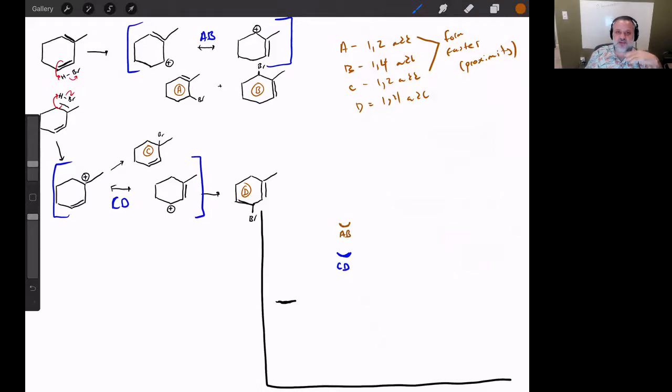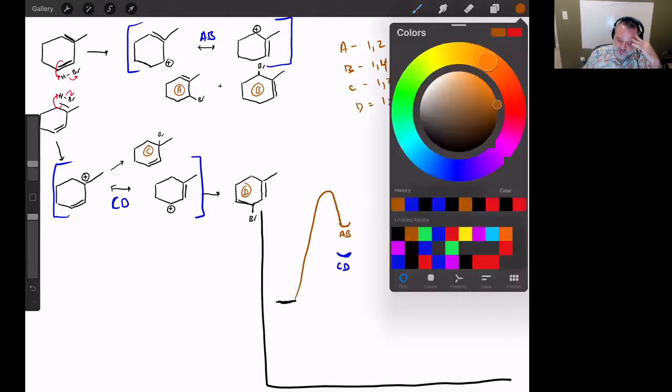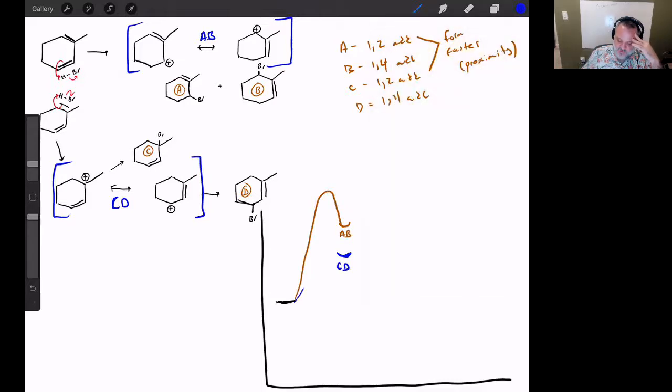And so it turns out that that tertiary allylic position really is the predominant factor here. And so what we're going to do is we're going to use the Hammond postulate to sort out those transition states. We're going to say that the transition state leading to AB is higher than the transition state leading to CD.